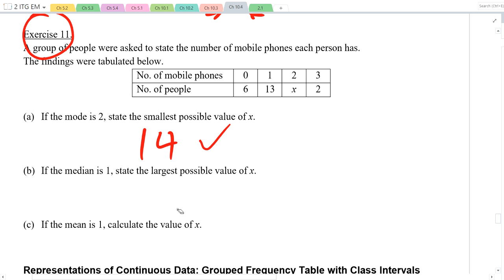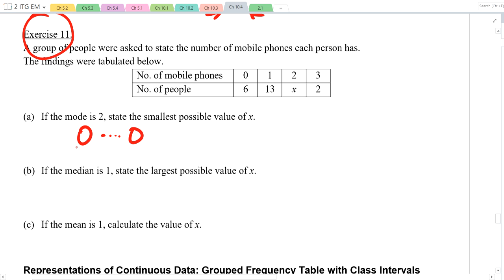I am going to list down all the numbers of mobile phones. Okay, so here we have 6 people who have 0 phones. 1, 2, 3, 4, 5, and 6. Agree so far? But it's quite a lot to write. So can I just shortcut? I put dot, okay?